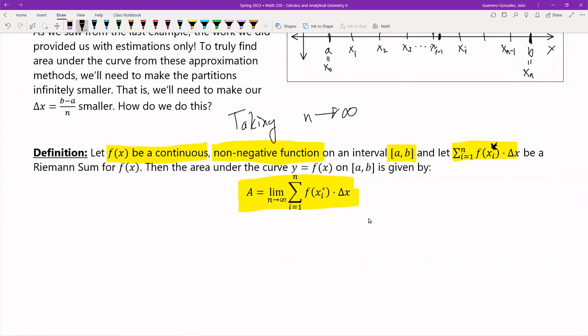This is going to be our definition for the integral from a to b of f of x dx. And I believe that is it for this section.